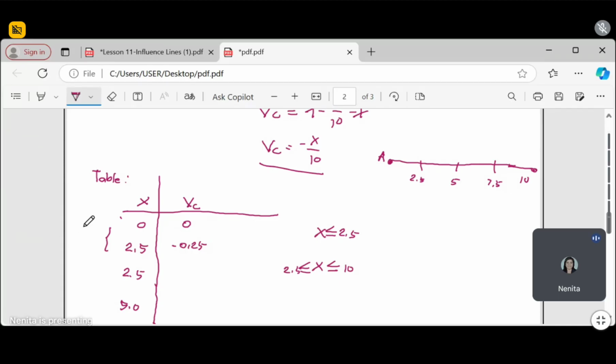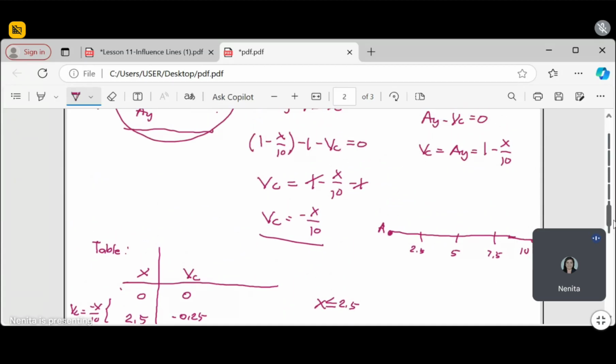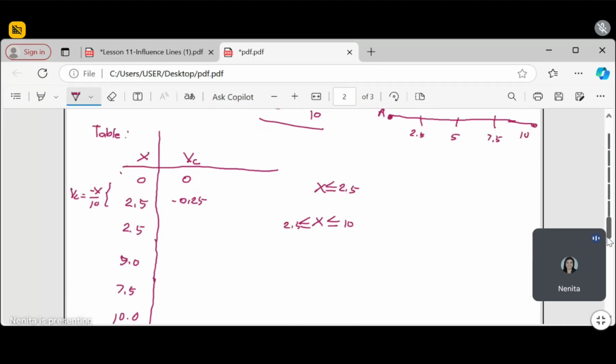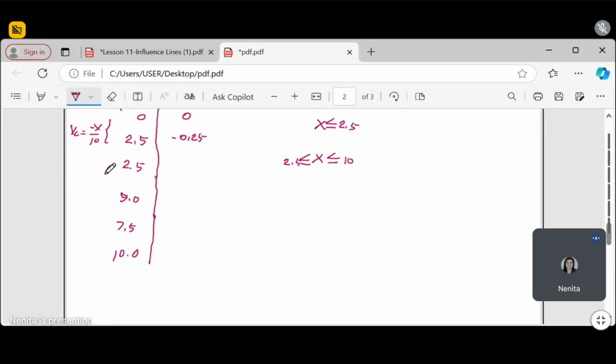Kung ang b sub c natin dire is equal to minus x over 10, so ang b sub c natin dire ay 1 minus x over 10. B sub c is equal to 1 minus x over 10.